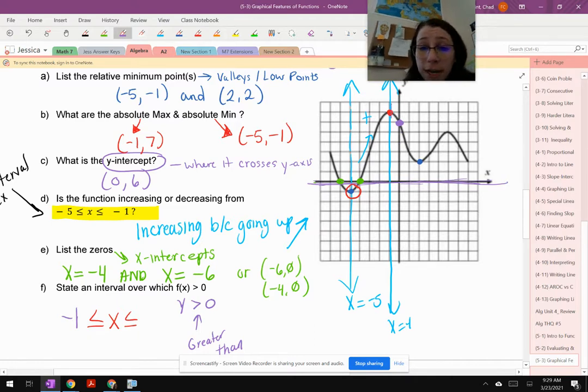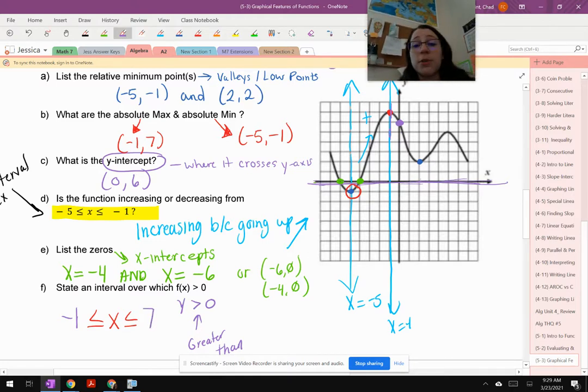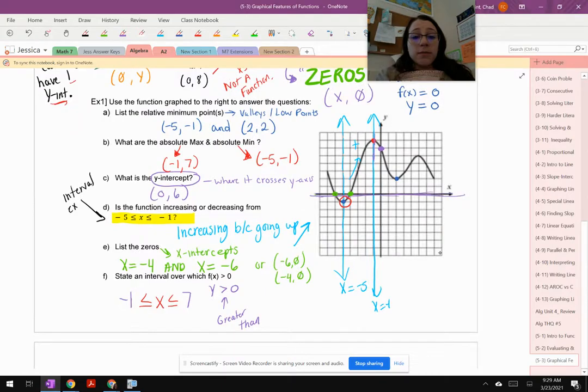So I'm going to start from -1 and go all the way to 7. So the y value is positive when the x value is -1 all the way through 7. All right, that's it. That's all for graphical features.